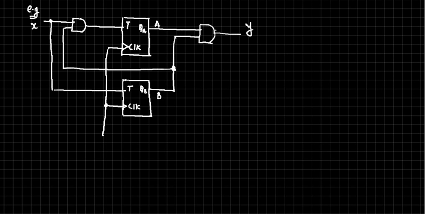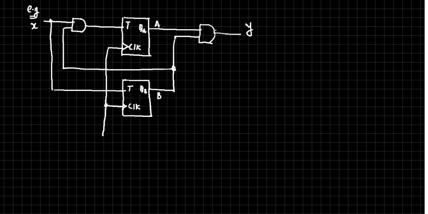Whenever a circuit description or a structure like this is given, the first step is to note down how many inputs are there, how many present states there are, how many next states there would be, and how many outputs are there. So first you should always form a table, starting with the present state.